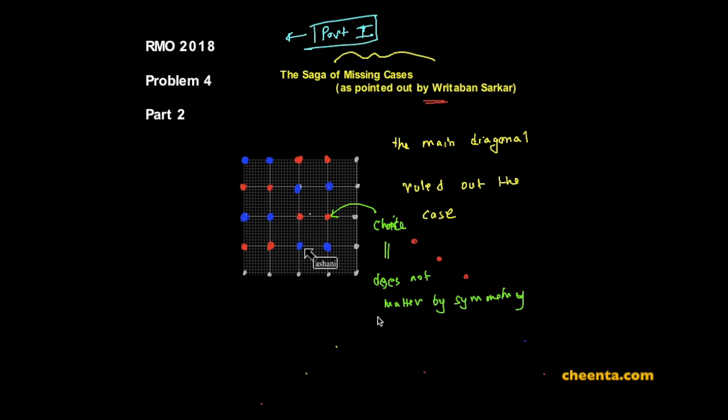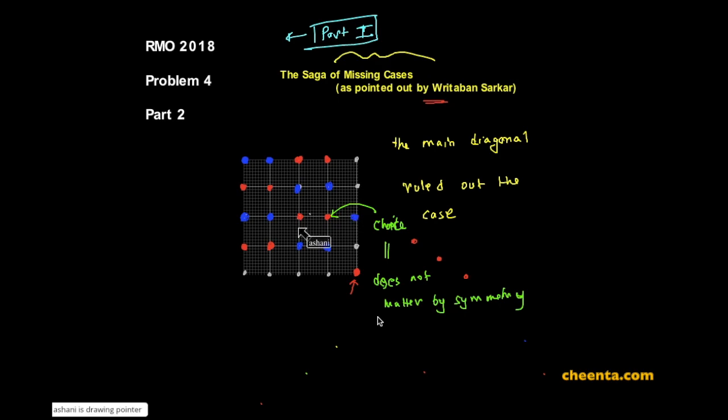For this choice of color of these two vertices, now we have to go to the fifth row and fifth column. Again, this particular vertex could be red or blue, so I'll do just one case. If it's red, then this one is blue.